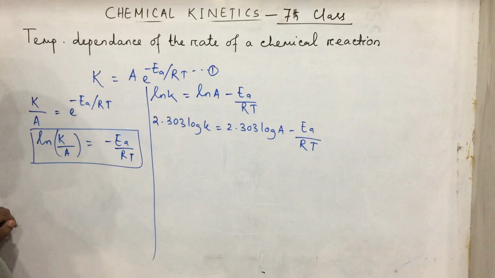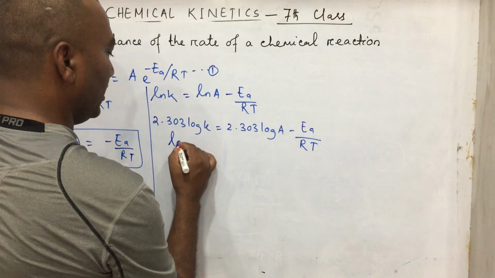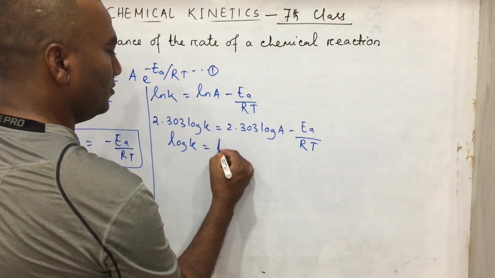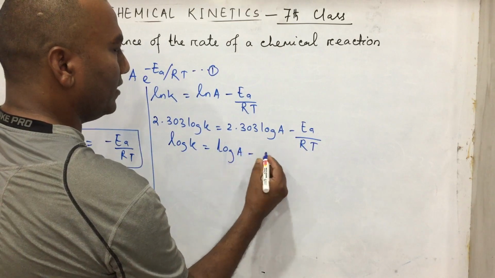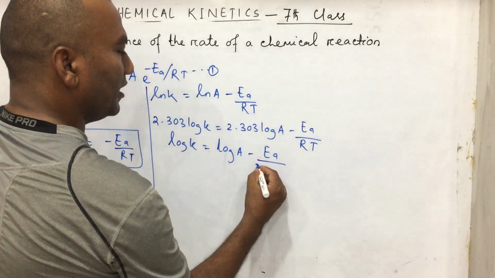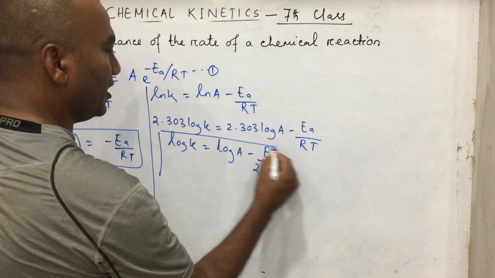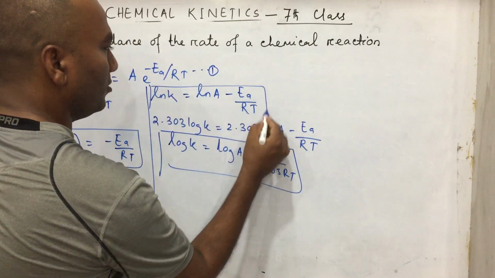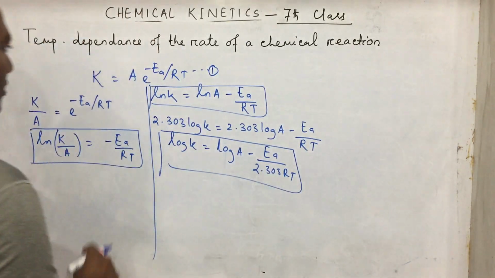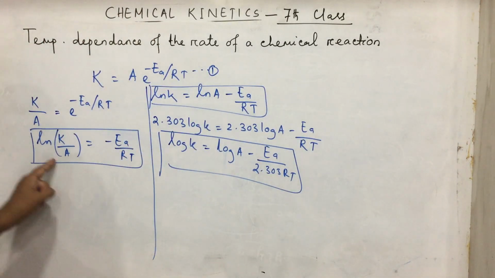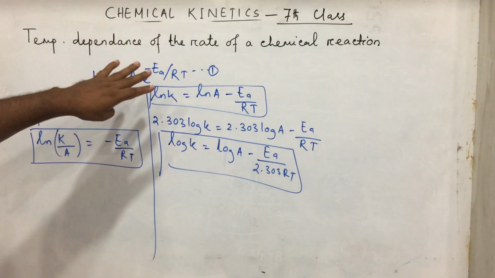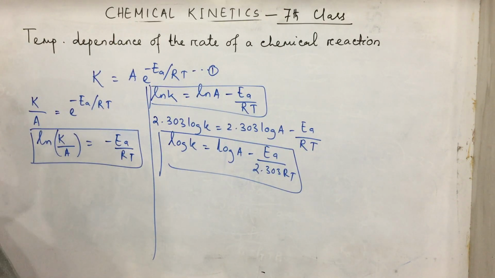Dividing by 2.303 on both sides, we get log k equals log A minus Ea divided by 2.303 RT. So these are the different forms: this is the ln form, this is the log form, this is the k form. These are called the Arrhenius equation.